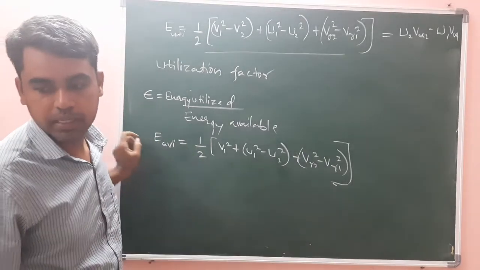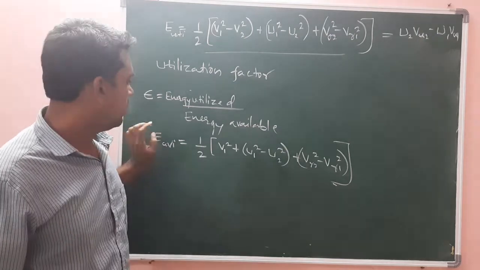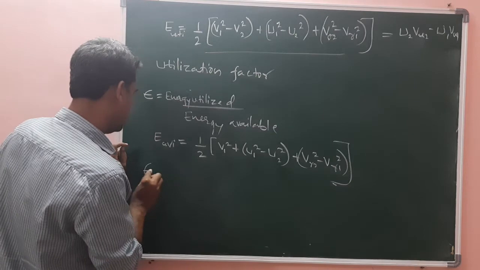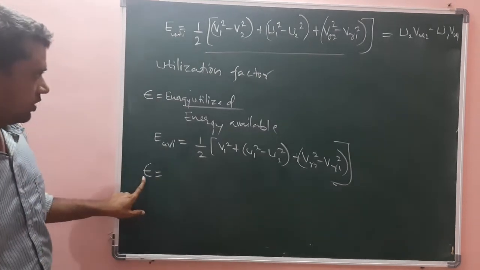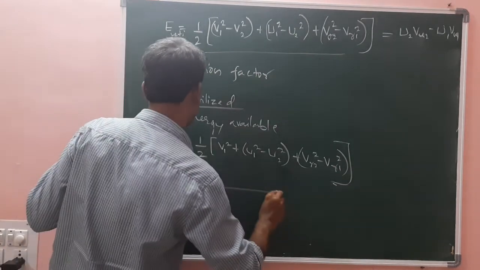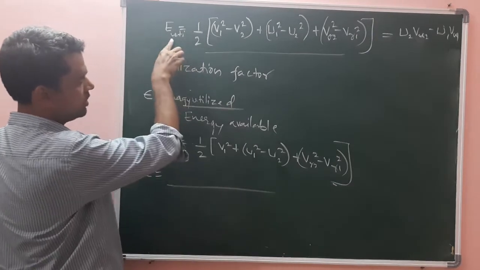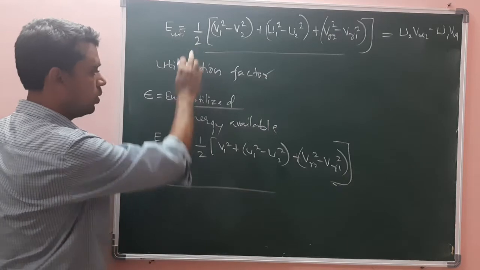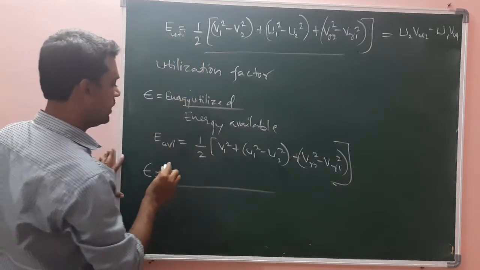In the numerator, I write the energy utilized from this equation, therefore the utilization factor will be equal to energy utilized divided by energy available. The 1 by 2 is in both the numerator and denominator.